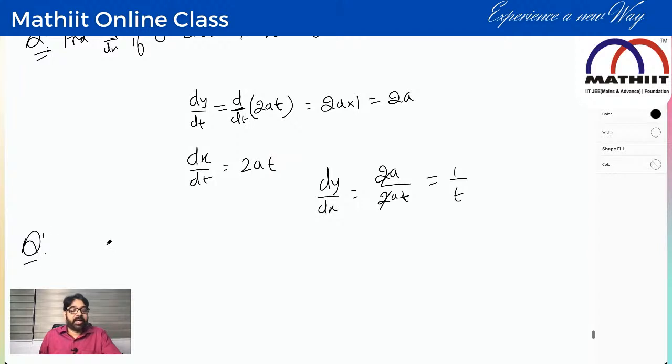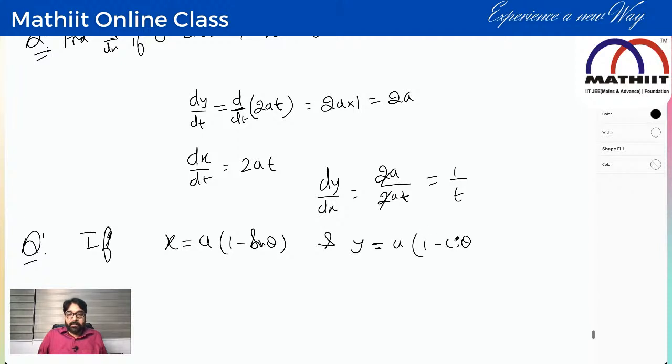Suppose another question is coming. If x equal to a into 1 minus sine theta and y equal to a into 1 minus cos theta, then find dy by dx. Everybody try. Let me try to correct my pen if I can till that time.